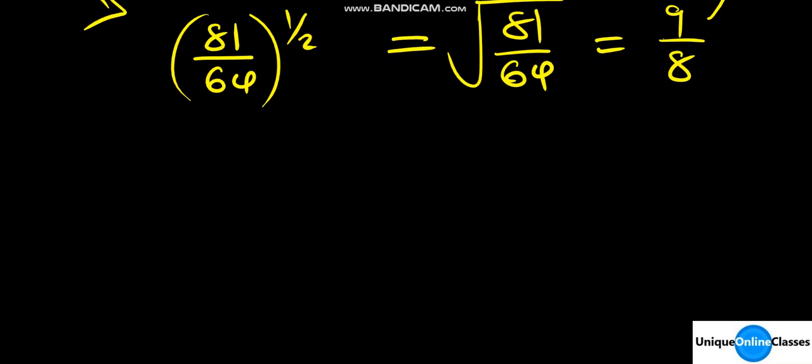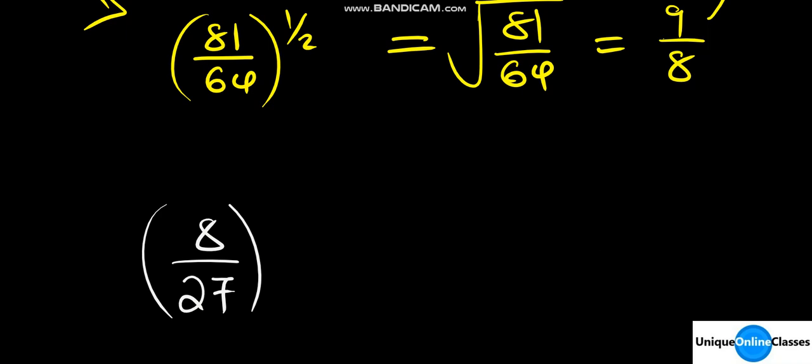Let's now move on to another example. Let's say it's 8 over 27, then this one raised to the power negative 4 over 3.